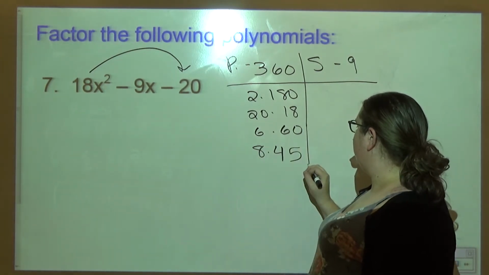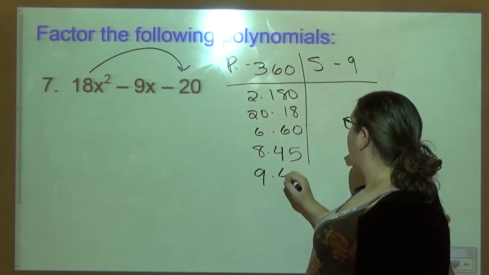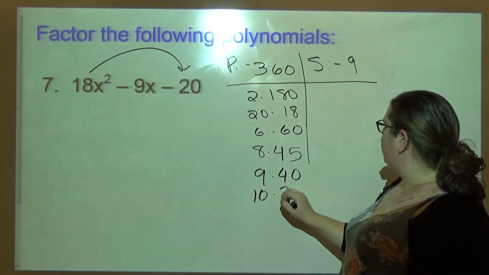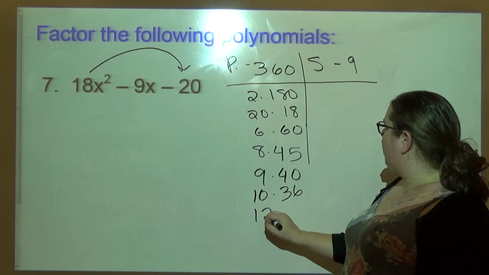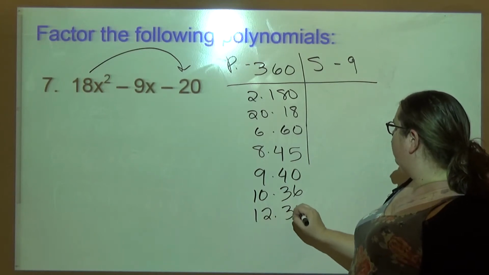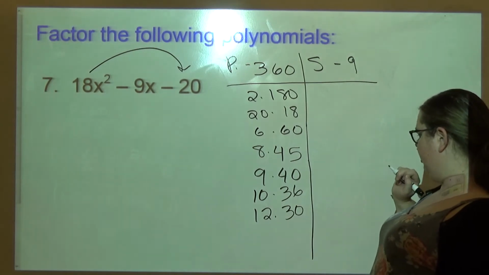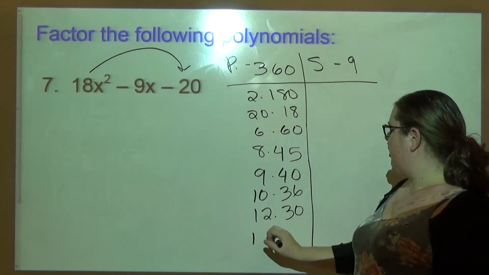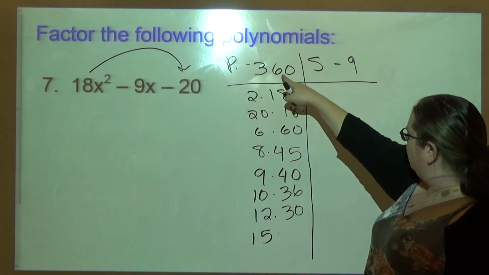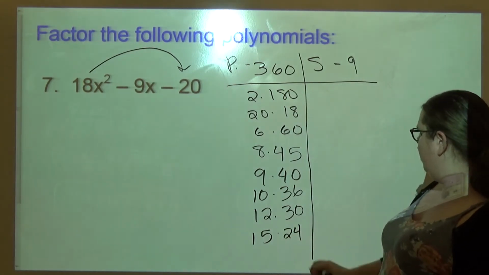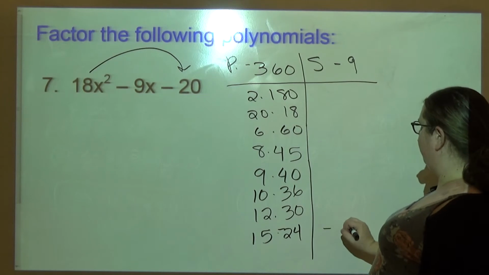Nope. 9, 6, 12, and 30. Ooh, I think we're getting close. I bet it's 15. Let's see, 15 times 24. That's it. 15 and negative 24 gives you negative 9.